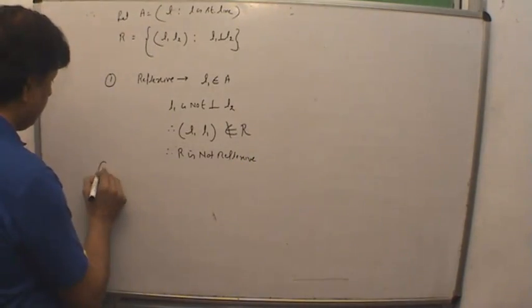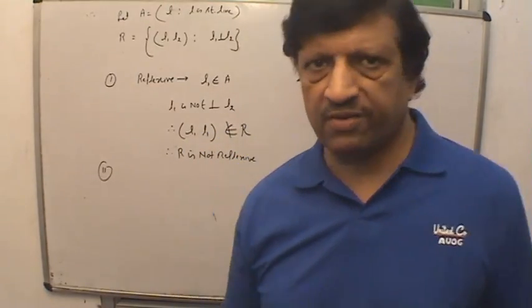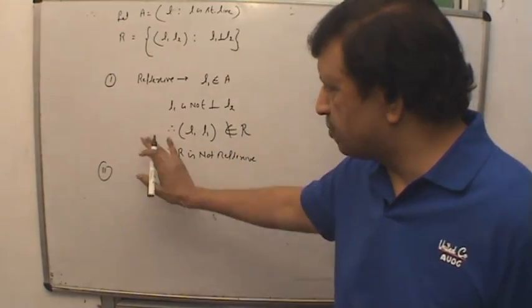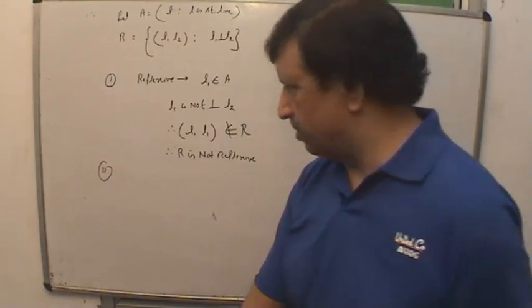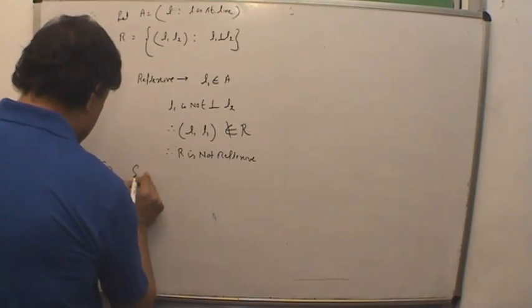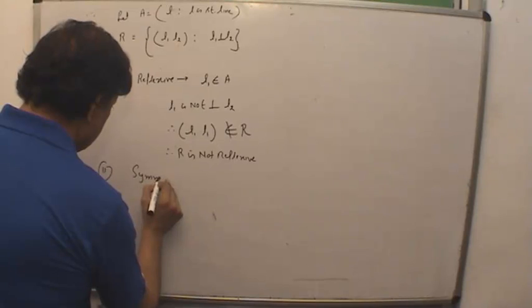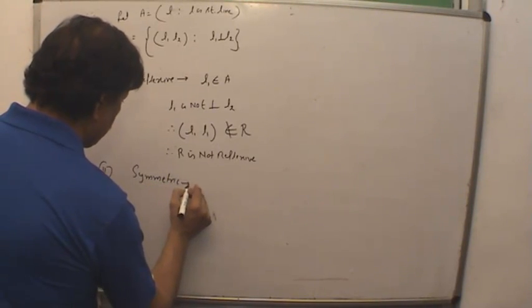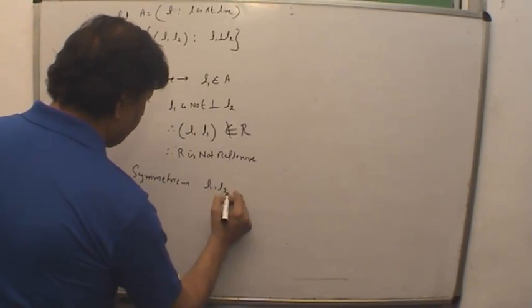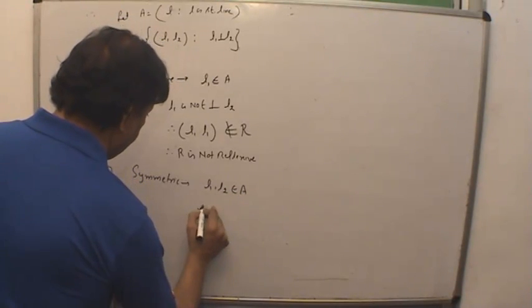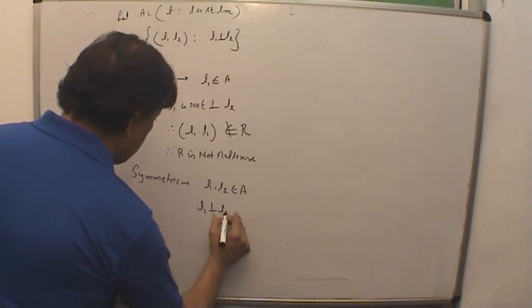It does not mean that we leave the problem here. It is not equivalence, but we will have to check all the three properties. Second, symmetric. For symmetric, we require two lines. L1, L2 belongs to A. L1 perpendicular to L2.